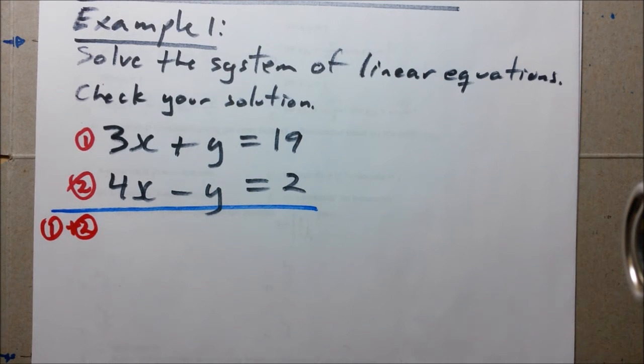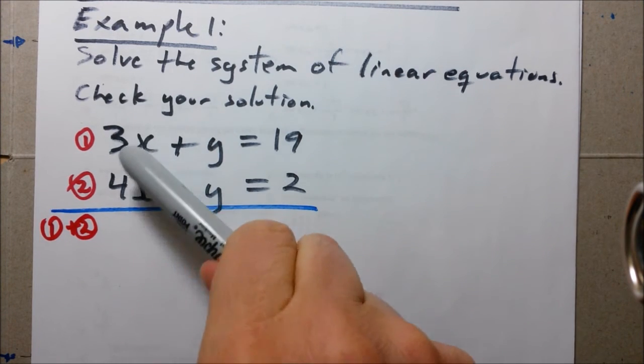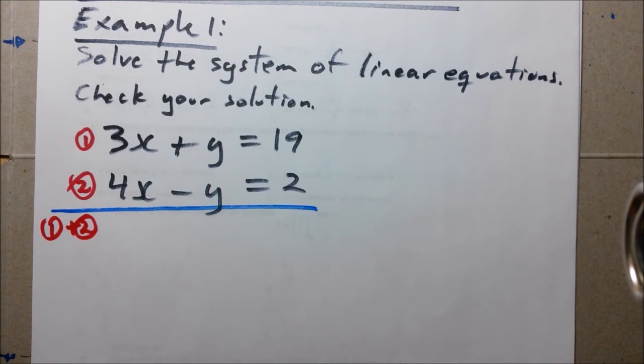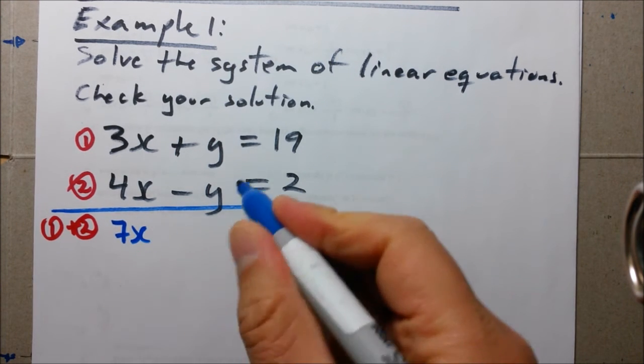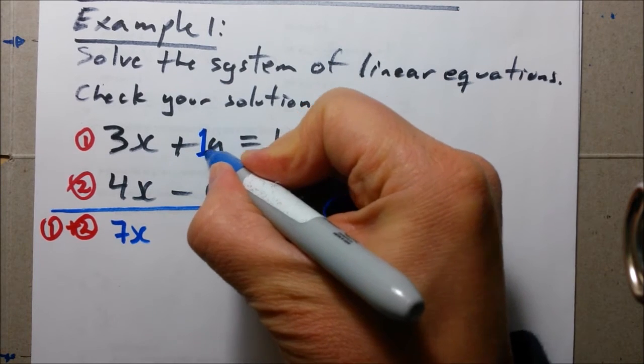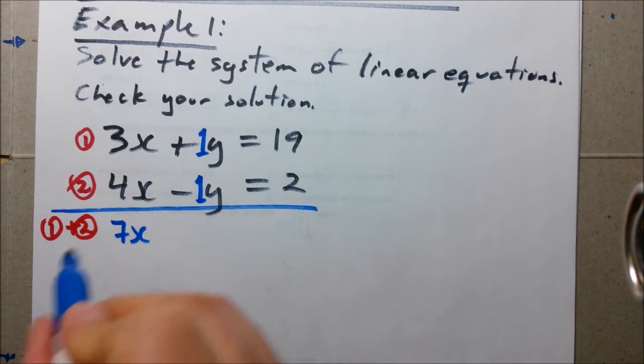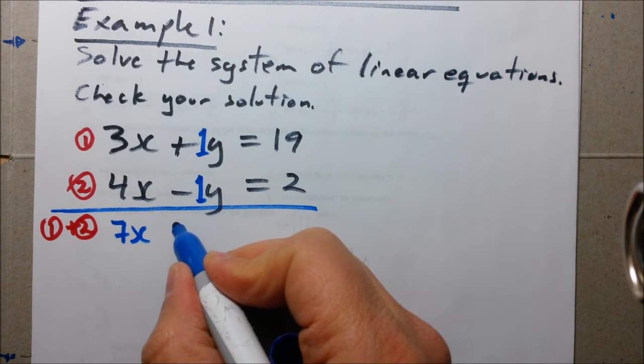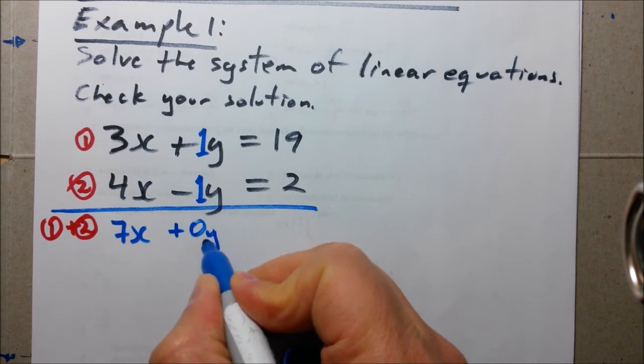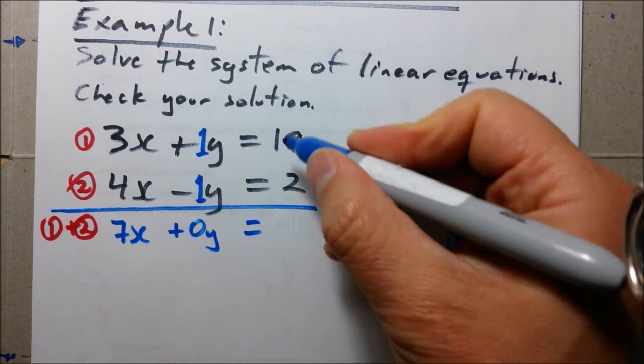What is this going to give us? Well, 3x plus 4x is equal to 7x, plus, and remember there's a coefficient of 1 here, plus 1y minus 1y gives us 0y. I don't need to write that down, but just to show you what's going on.